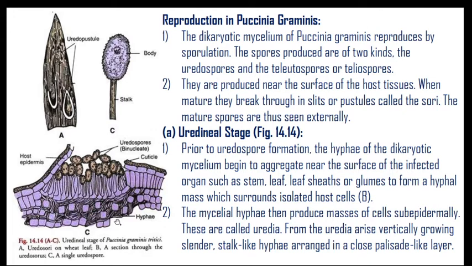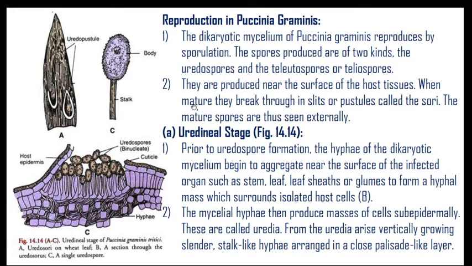This is nothing but hyphae, and these are the stalks of the uredospores, which are again binucleated. So this is the single spore which is grouped into these uredospores. This circular body is a spore, and this is the stalk of the single uredospore.